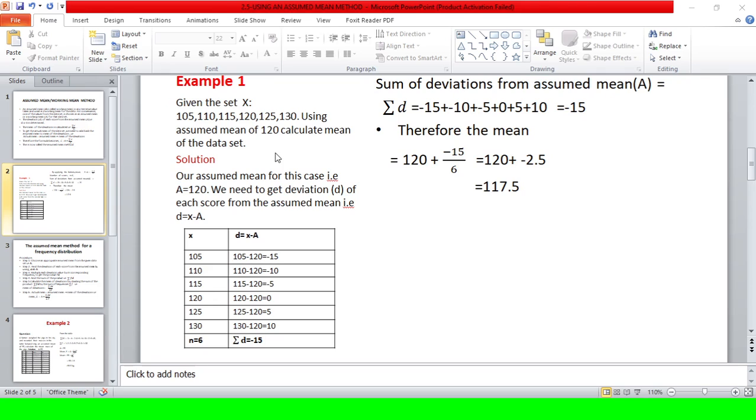So here we have been given instruction to use an assumed mean of 120, which is actually one of the values in this data set. It is this value 120 to be taken as the assumed mean.